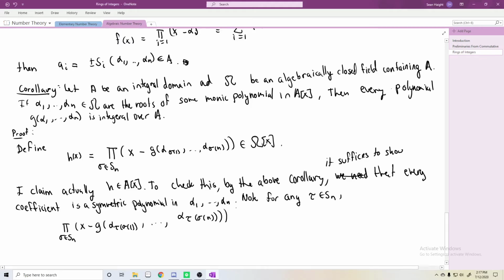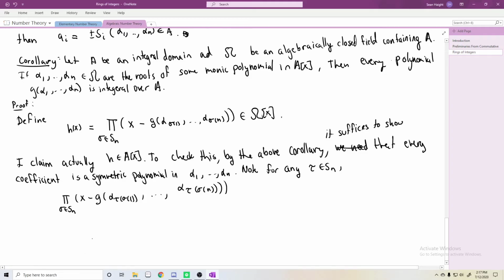This is like a standard thing you might see in a representation theory class, or really in any kind of group theory class, where if I'm somehow averaging over elements of the group and I left multiply by a single element of the group, the whole product or sum or whatever I'm averaging remains unchanged. So this can be written as a product over sigma prime now, of G(alpha_sigma'(1), ..., alpha_sigma'(n)).